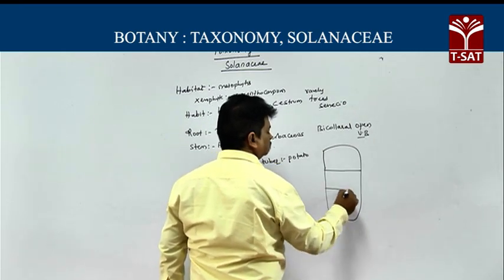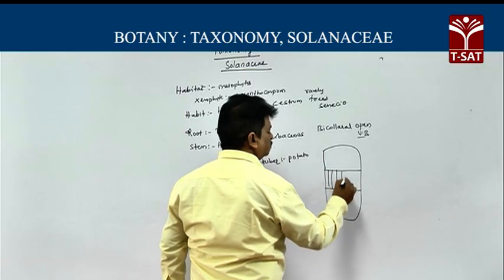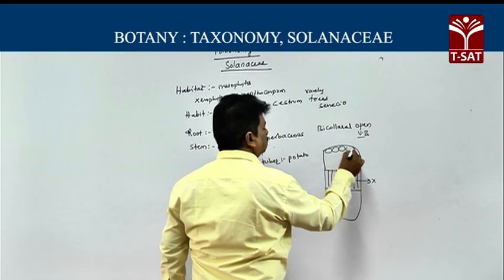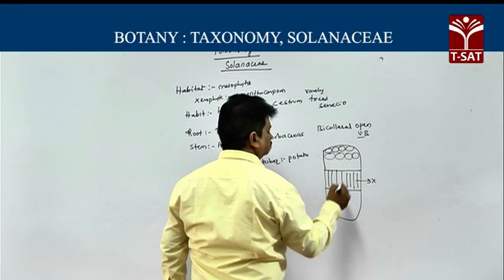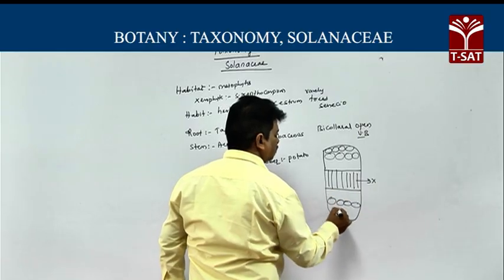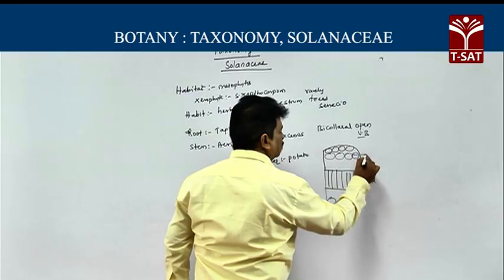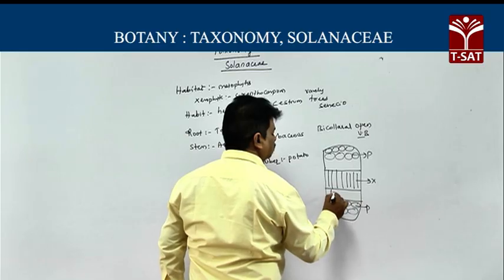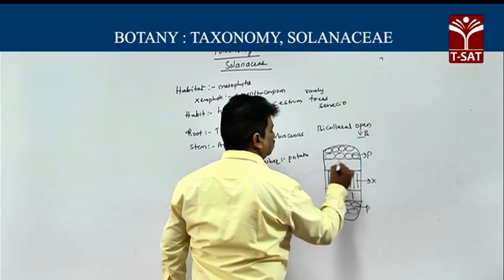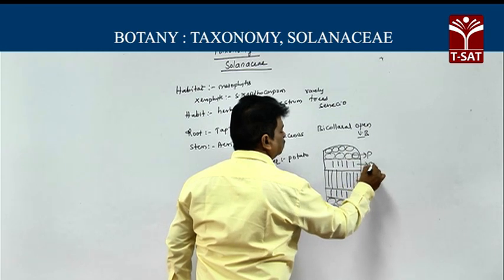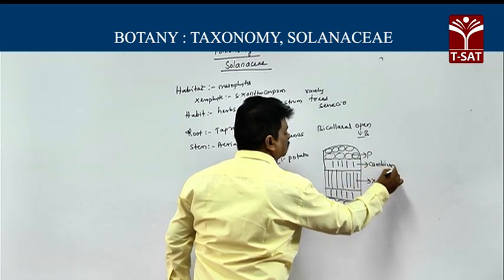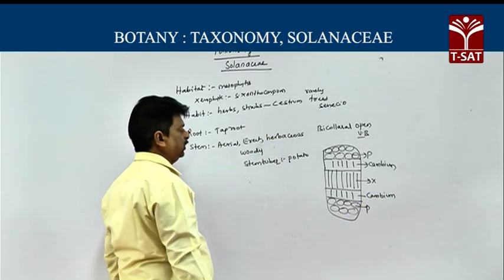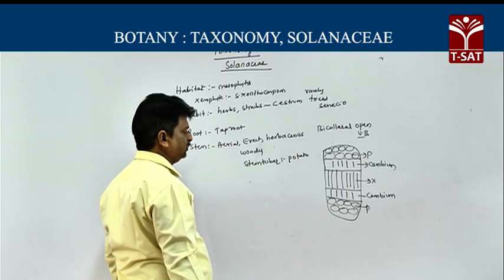Bicollateral means xylem at center and on either side of xylem, phloem bundles are present, and on both sides of xylem there is cambium. So such condition is called bicollateral and open vascular bundles.